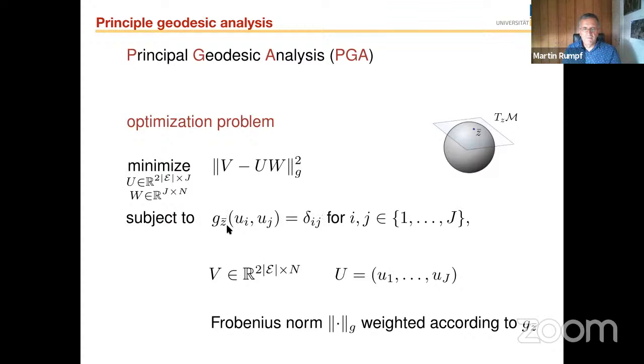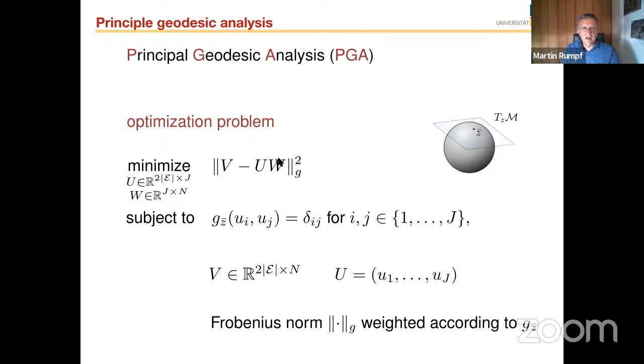So that means paired in the metric, they give us the Kronecker delta. That is a constraint for this 2 number of edges times J matrix U. So in the rows of that matrix, we see the principal modes and we have J of them.